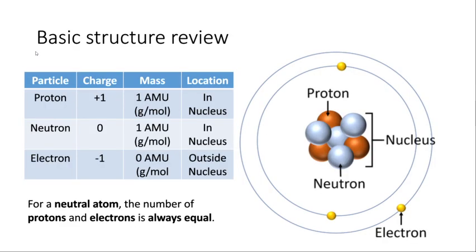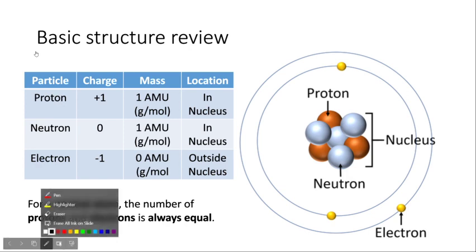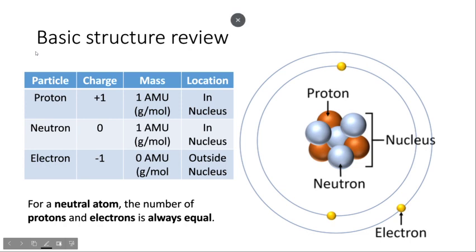So first thing, hopefully this will look familiar. Kind of went through this during the first week in person, but just as a little bit of review again, basic structure of the atom. So if we look, we have the basic structure of the atom here, and we have our three basic particles, our protons, neutrons, and electrons.